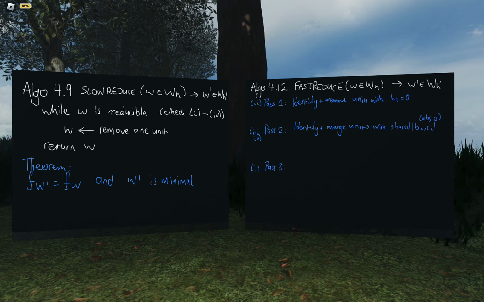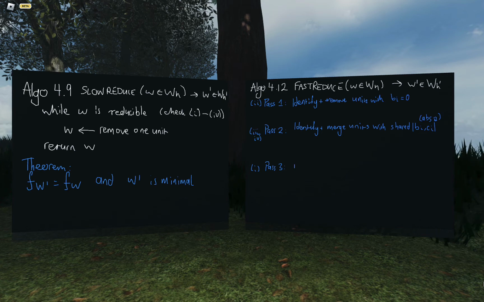And so if we got rid of all of the units with outgoing weight 0 in the first pass, we would then have to go again and look for units with outgoing weight 0 in a fourth pass. So I just decided to put this pass last, and then we'll get all of the units that originally had outgoing weight 0, or we will have merged them into units and we don't need to worry about them because they're not going to count, or any new units that have been merged and now have outgoing weight 0, we'll get those in this pass as well.